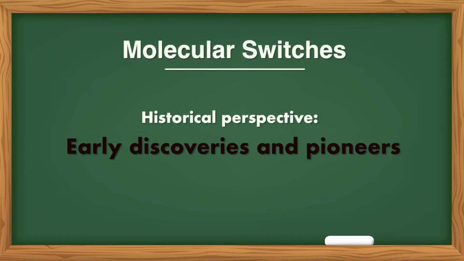Archibald Scott Couper and Alexander Butlerov independently proposed the concept of chemical structure and isomerism in the early 1860s. This breakthrough was fundamental in understanding how subtle structural changes in a molecule can result in different chemical and physical properties.